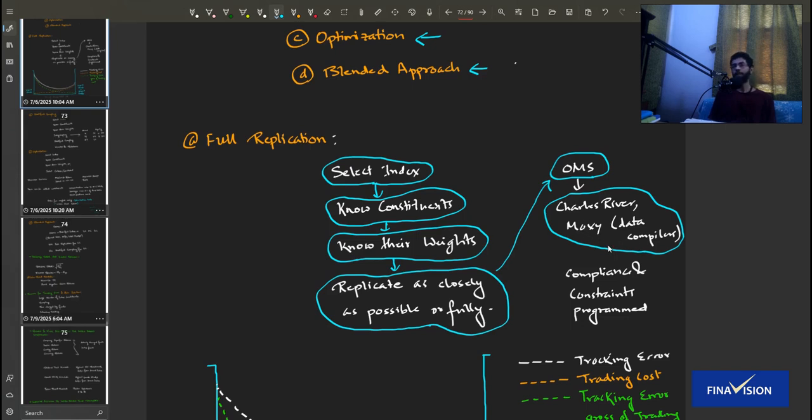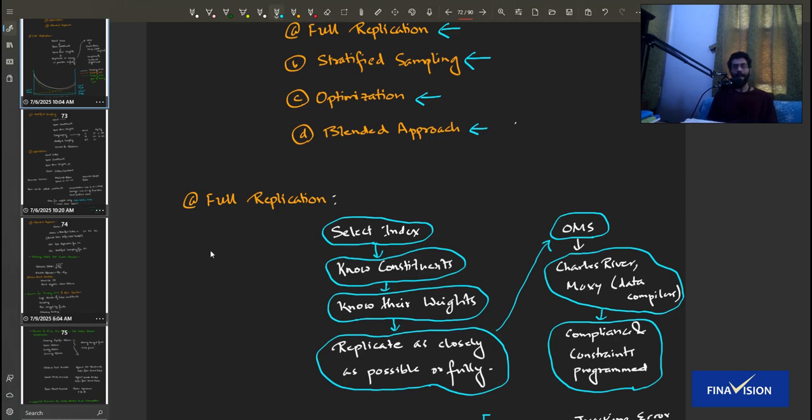Either these kinds of data compilers can be used, or some other internally created order management system. Now, while organizing the order management system, the compliance and the constraints have to be programmed into it, so that compliance is not breached and the mandates are also maintained, right?